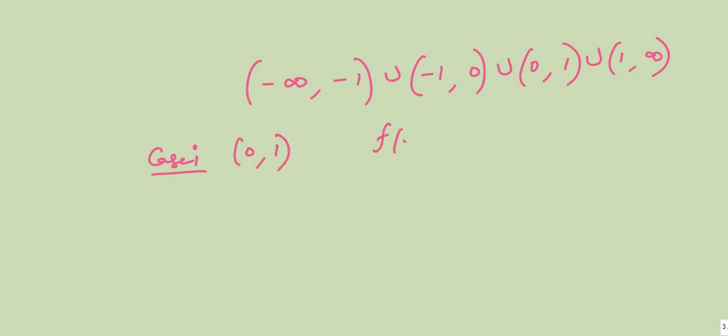We have seen that f(0) is -1, which is negative, and f(1) is 2020, which is a positive number.